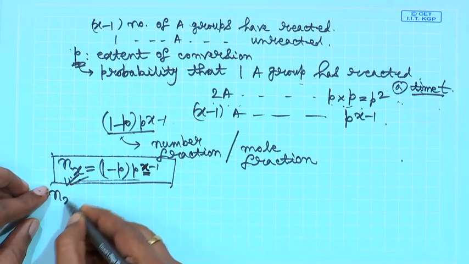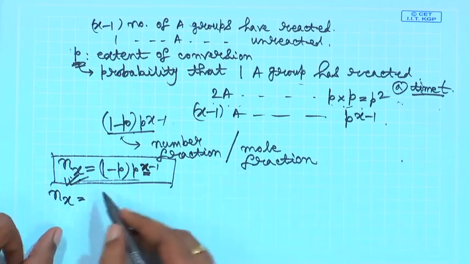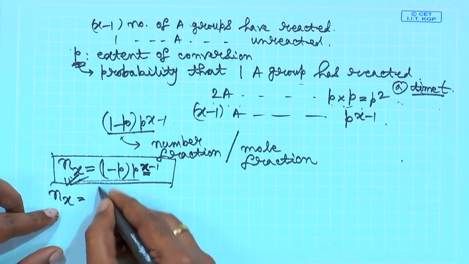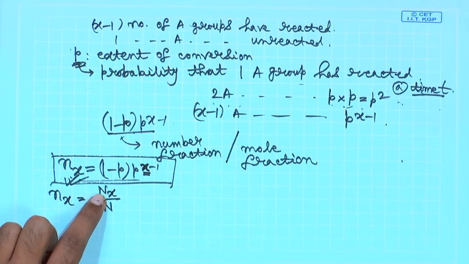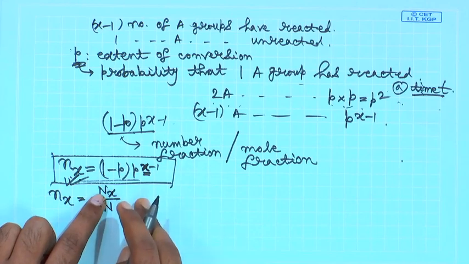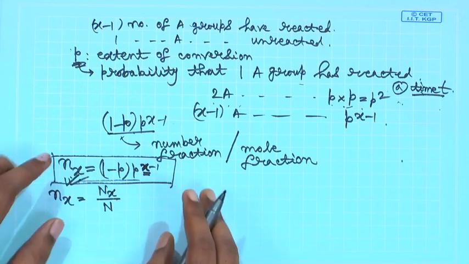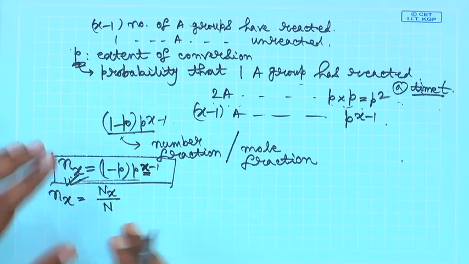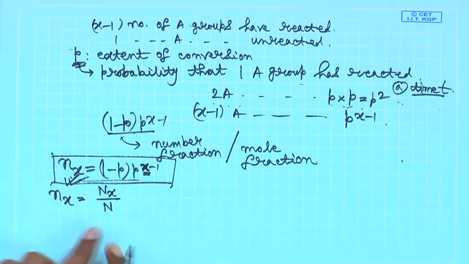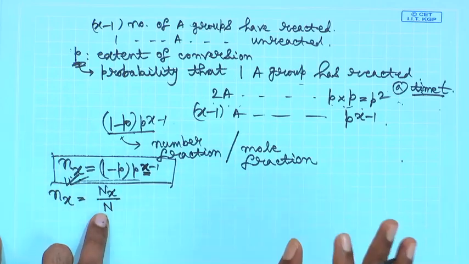It is nothing but the number fraction or mole fraction, that will be equal to capital N x by capital N, where capital N x is the total number of polymer molecules which have x number of structural units, and capital N is the total number of polymer molecules.